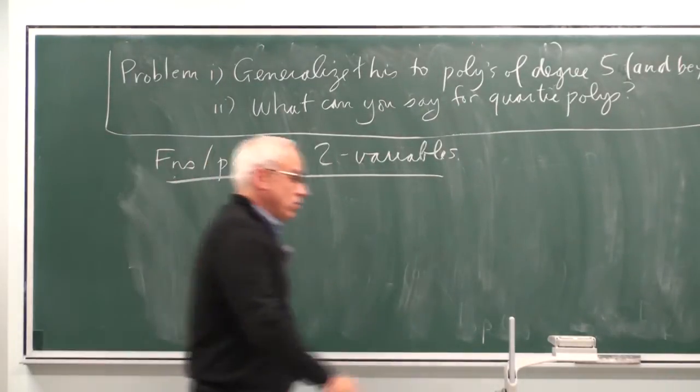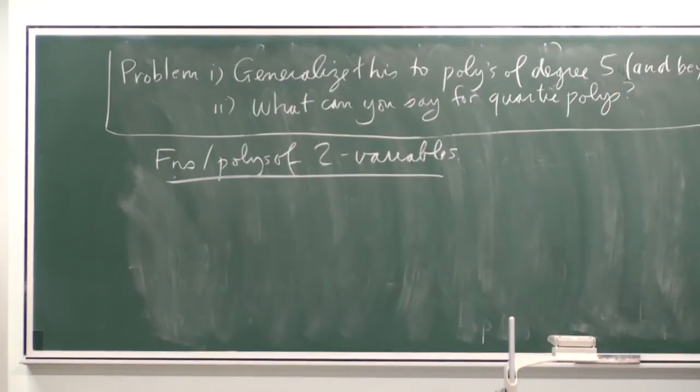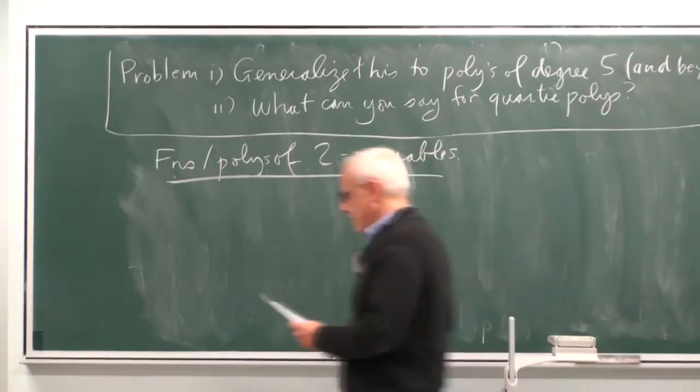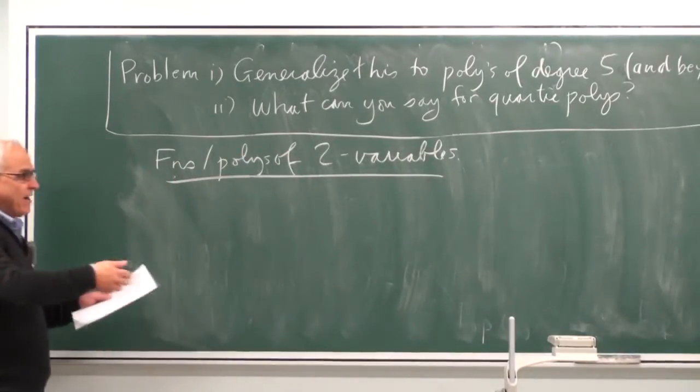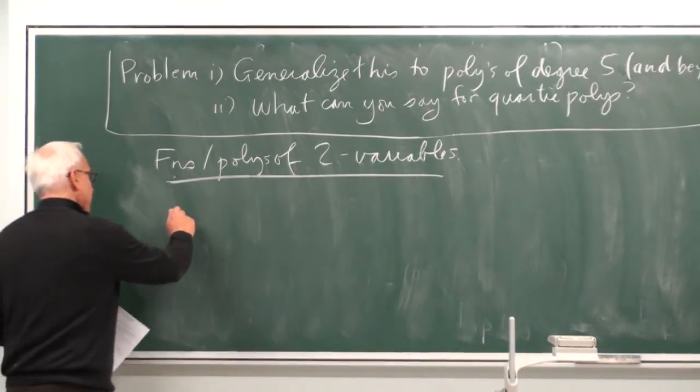And I'm going to do this in the context of an example, because I kind of like examples. But one could just as easily try to write down general formulas. But I'm going to have a look at a particular example.